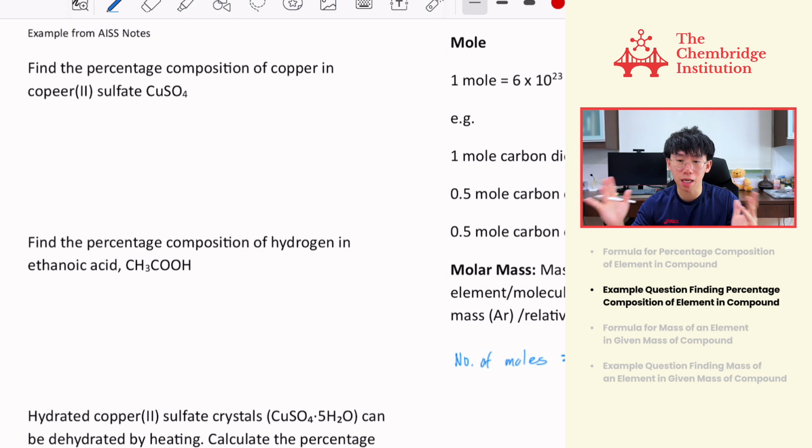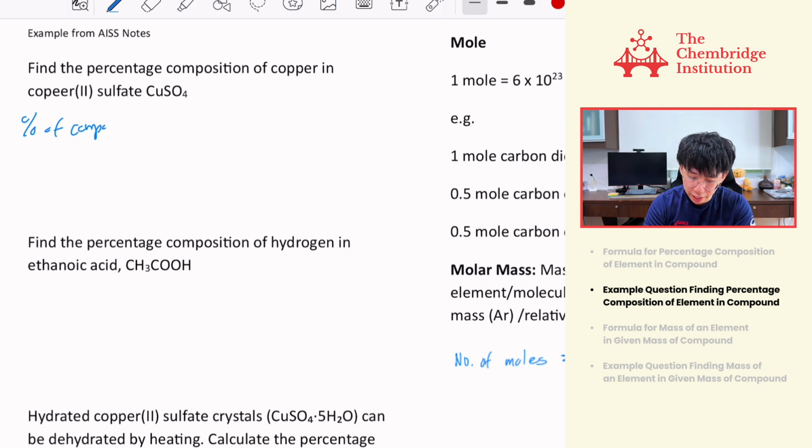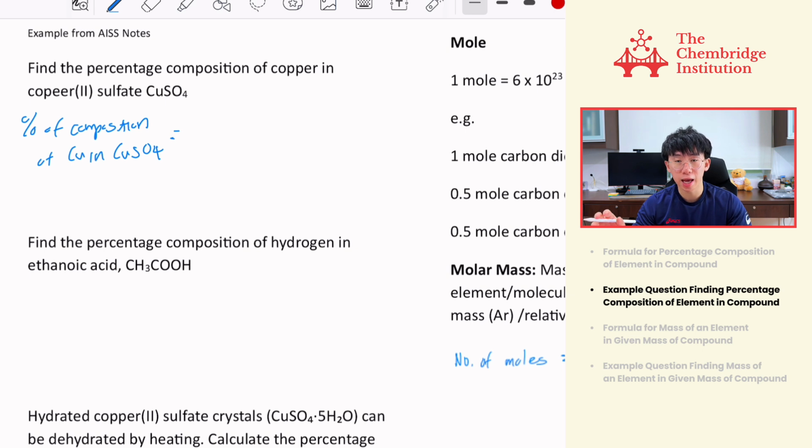So let's take a look at some examples. To find the percentage composition of copper in copper 2 sulfate, we tend to just label it first. And remember, if we just follow the formula, we want to find the number of this particular element.